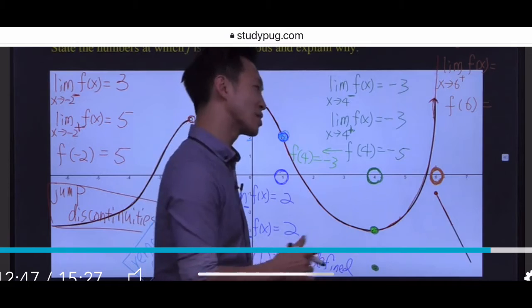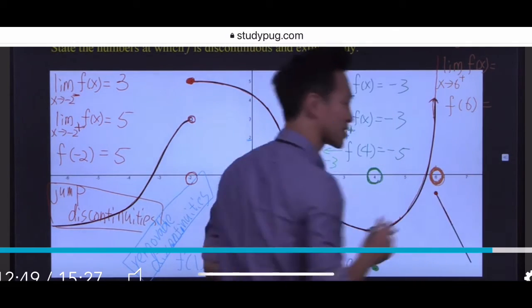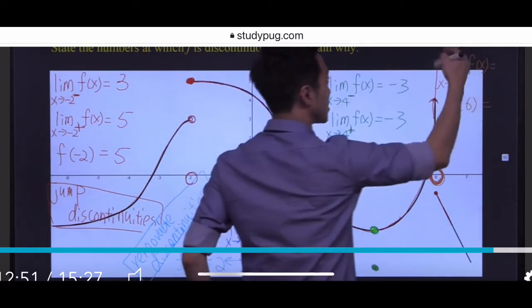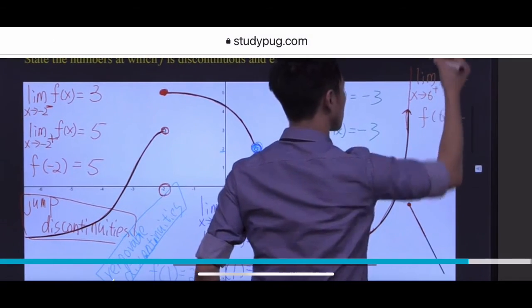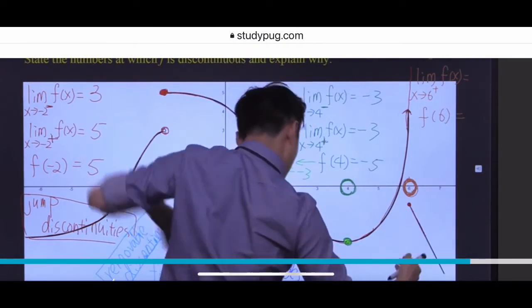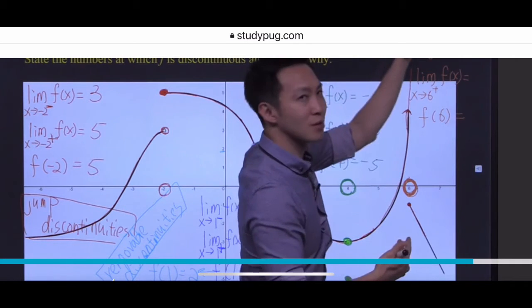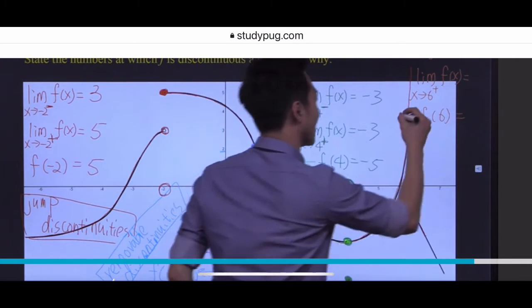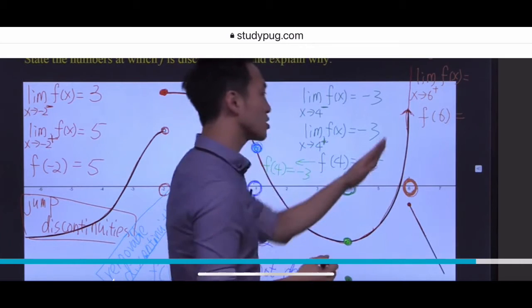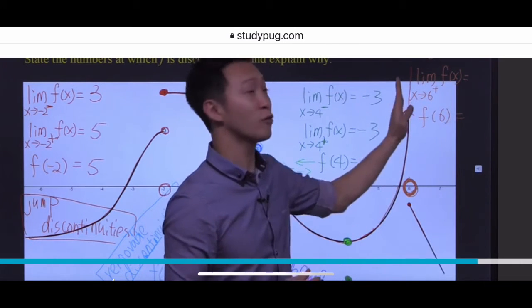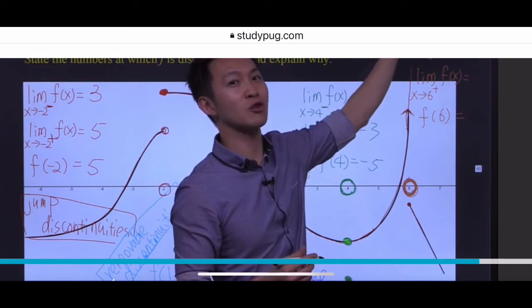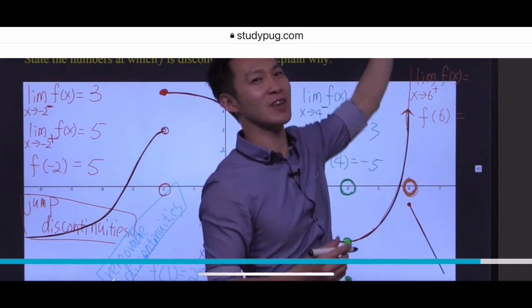Now, let's look at the discontinuity at x equals 6. Approaching 6 from the negative direction, the function gets closer and closer to, the arrow here tells us that the function will keep going up forever and eventually approach positive infinity.